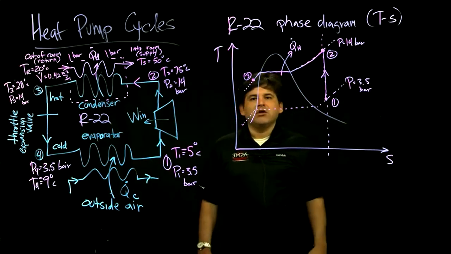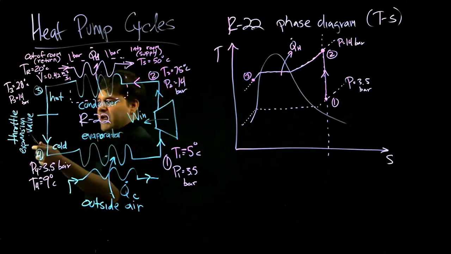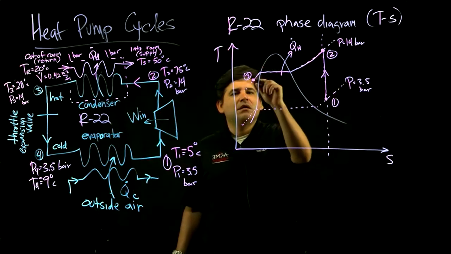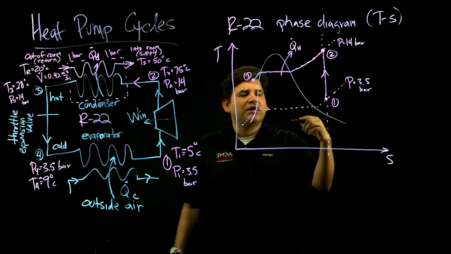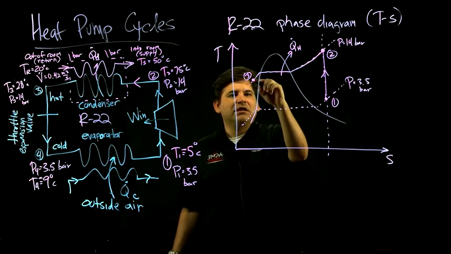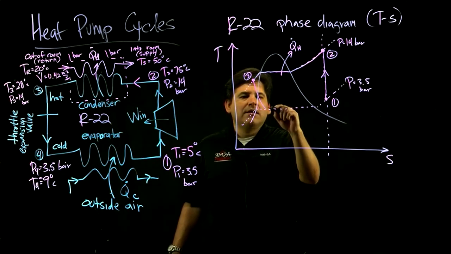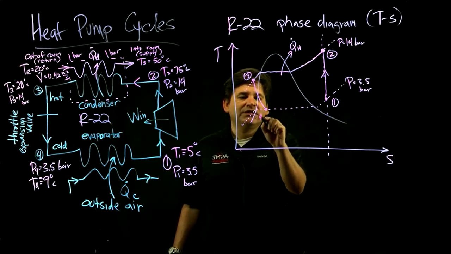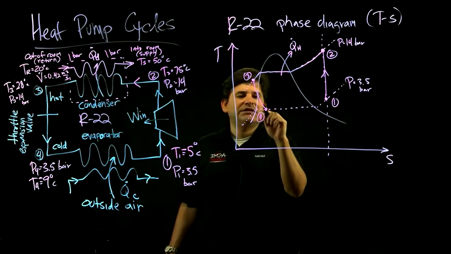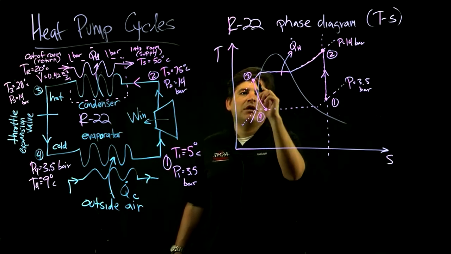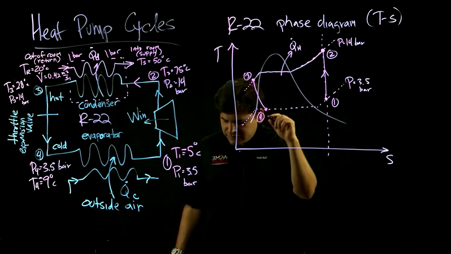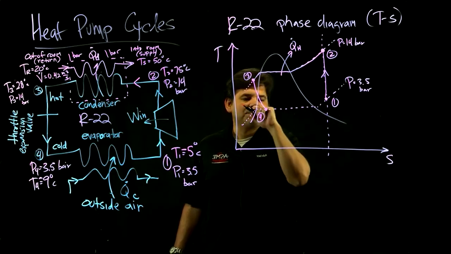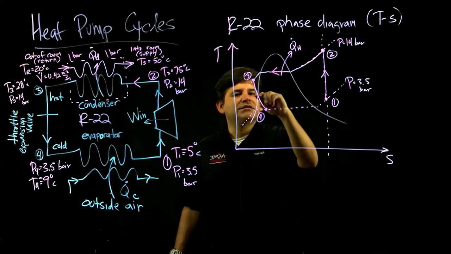Then you have this so-called throttling stage. And at a throttling stage, this would be where you go to a low pressure. So it typically looks like this. At some change in entropy, you increase the entropy, but you decrease the temperature to go from a high pressure to a low pressure, and to the low pressure branch we started off with. So this would be the throttling phase.